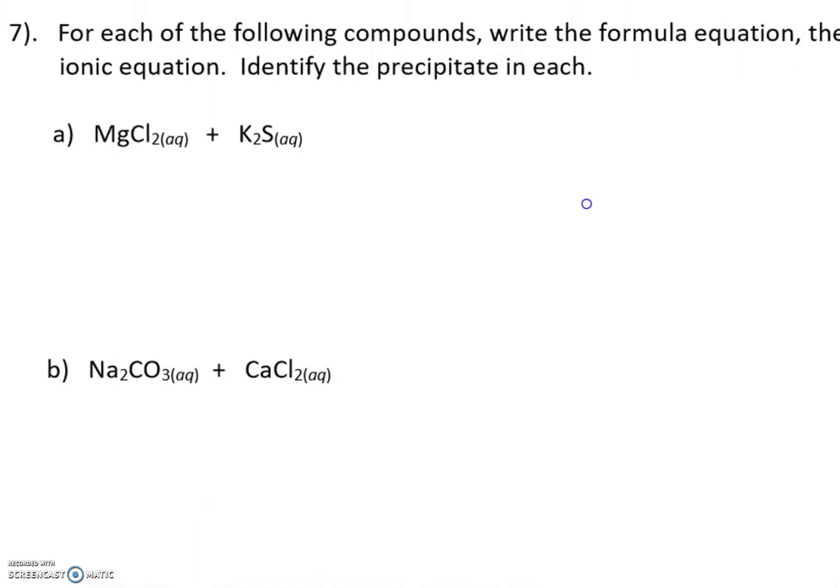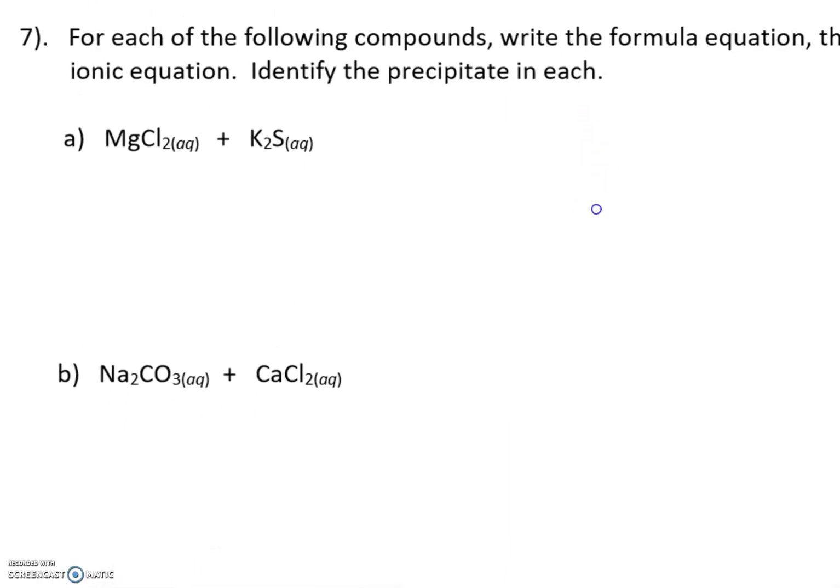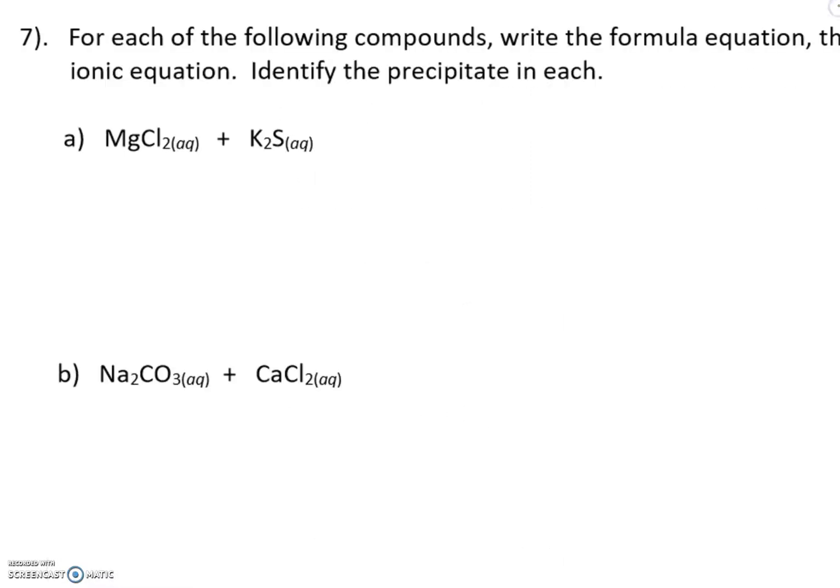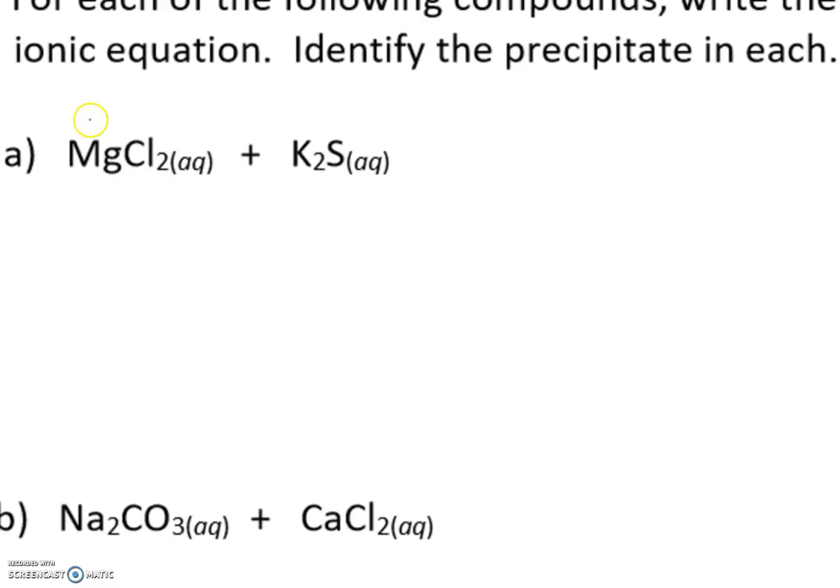This one, number 7, you've got 3 reactions here. And it's asking us to predict which of these is going to be a precipitate and what the formula equation is going to look like, what the ionic equation is, and what the net ionic equation is, and to identify the precipitate. So let's be careful because we know that this is going to be a double displacement reaction.